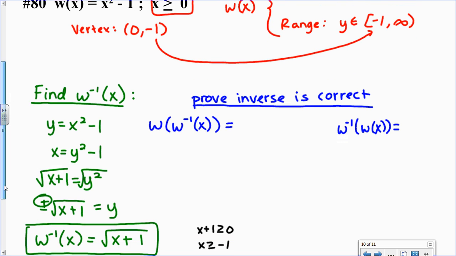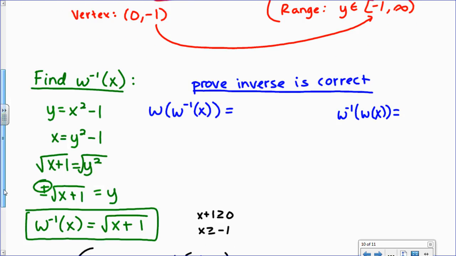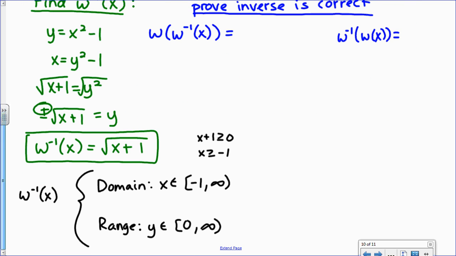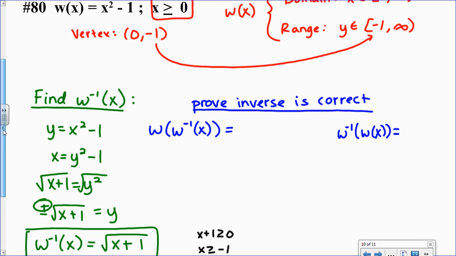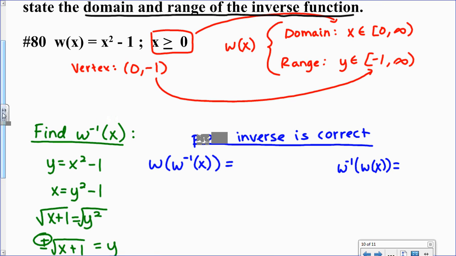Okay, so I'm plugging the inverse into the original. The inverse, I got, is the square root of x plus 1. The square and square root cancel, and you get what's underneath. Here your work is important because this is how you're checking that your inverse is correct.